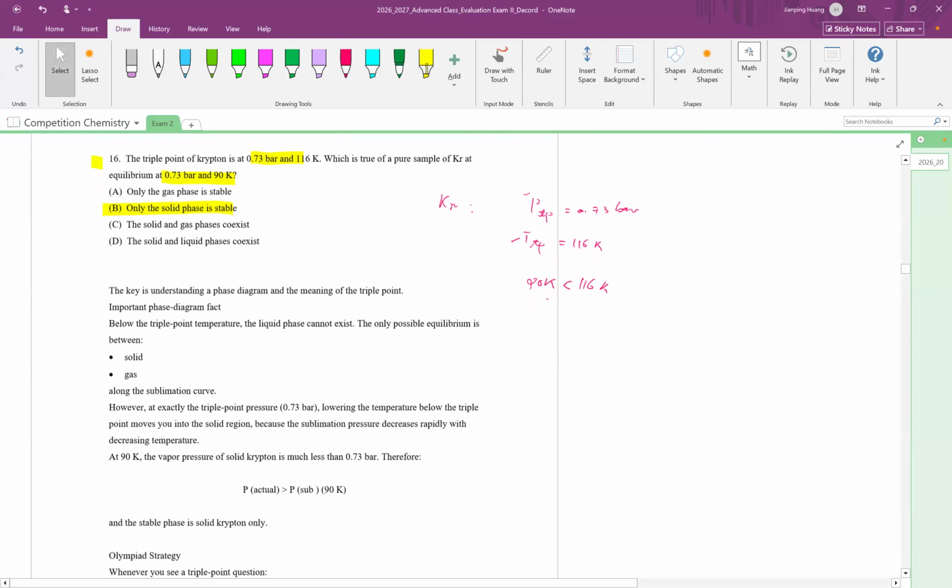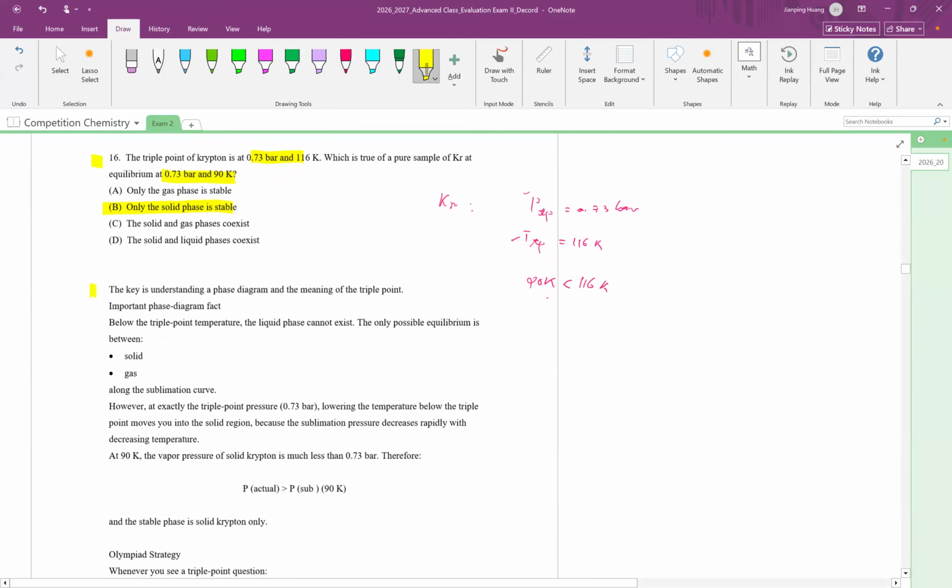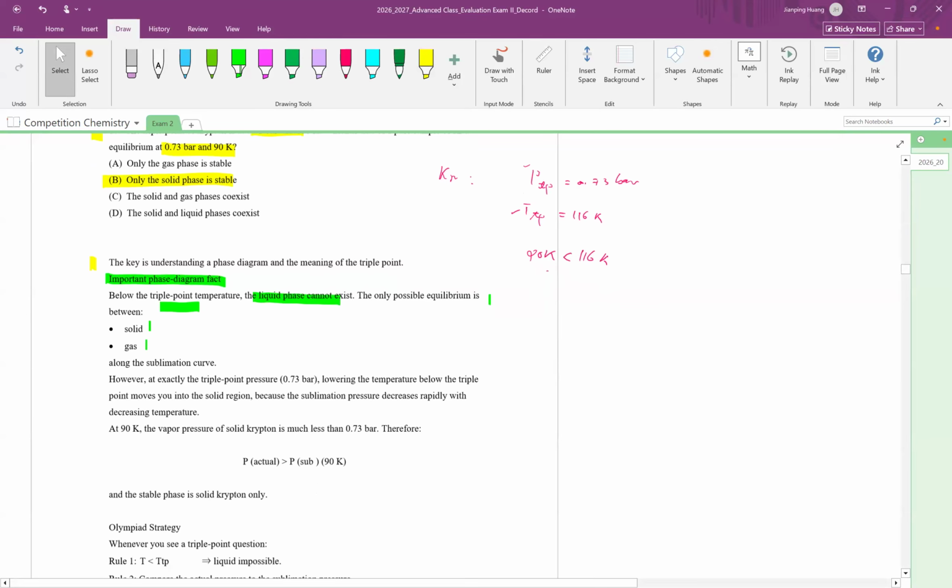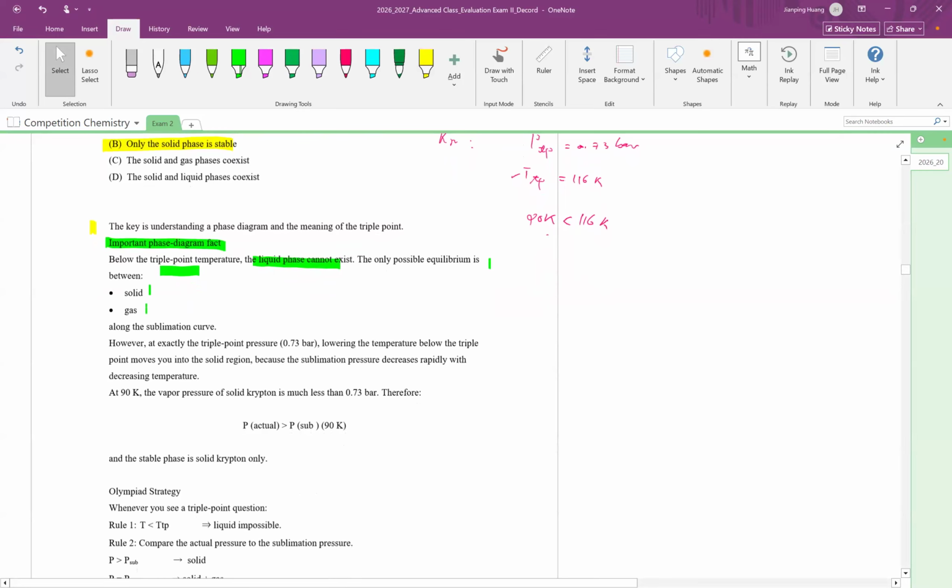That's exactly what I put here. From the phase diagram point of view, below the triple point, liquid cannot exist. Agree with me? The only possibilities are solid and gas, around the sublimation curve.